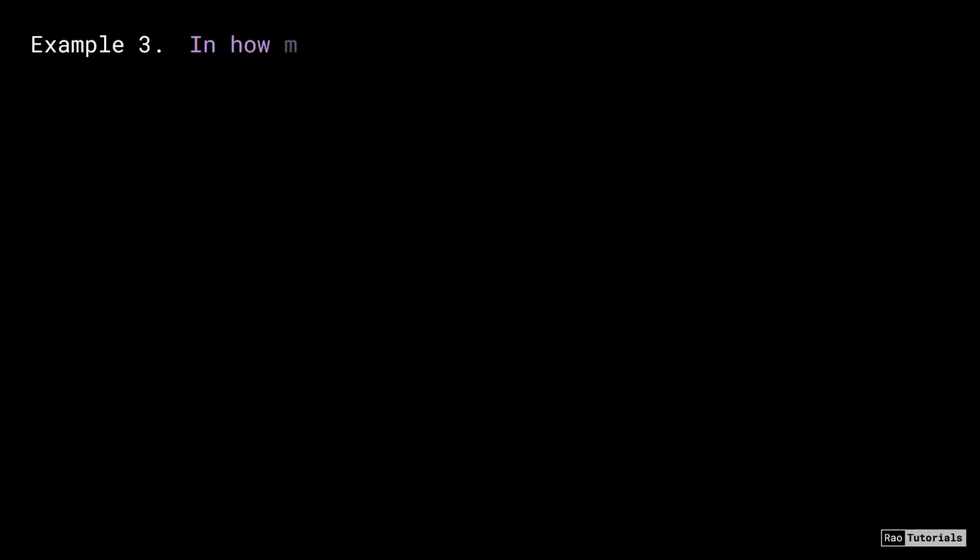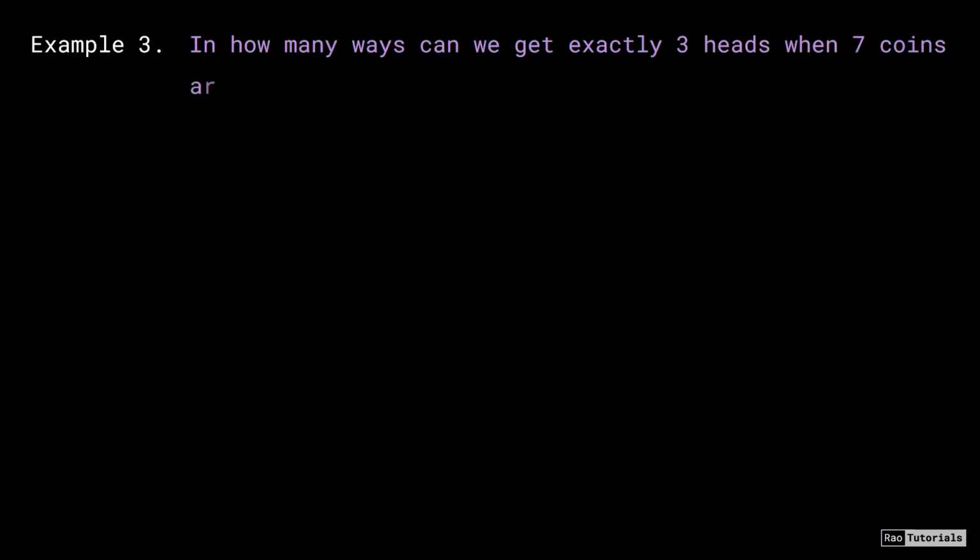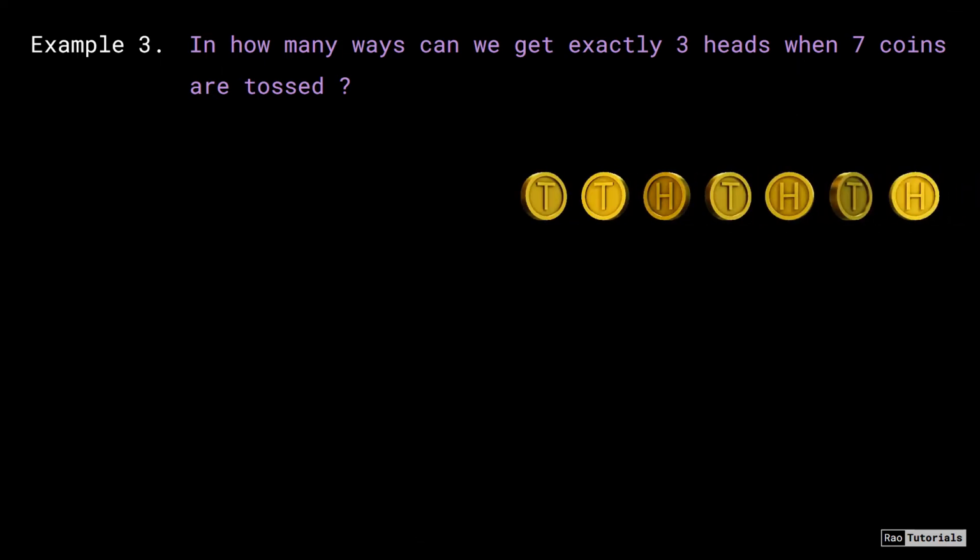Next problem is, in how many ways can we get exactly 3 heads when 7 coins are tossed? We have 7 coins and each can show a face in 2 ways, head or tail. We need to arrange these 7 coins in such a way that exactly 3 of them show head while others show tail. For example, right now we have these 3 coins showing head and the other 4 showing tail.